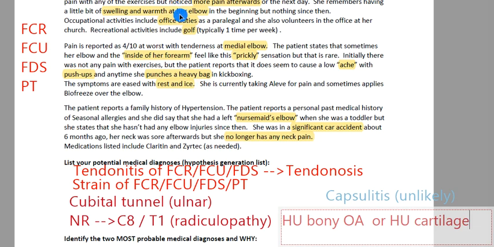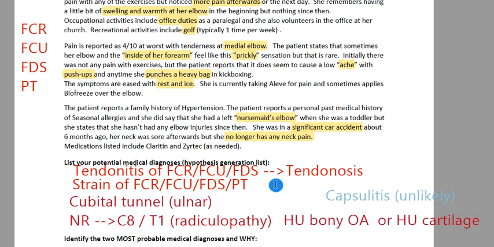And then what's the other thing on the medial elbow, we know that she also plays golf. So the other possible diagnoses, let me put that over here, is we definitely could have some kind of MCL, or if you want to call it UCL, ulnar collateral ligament damage. That could be potential. It's a superficial structure.